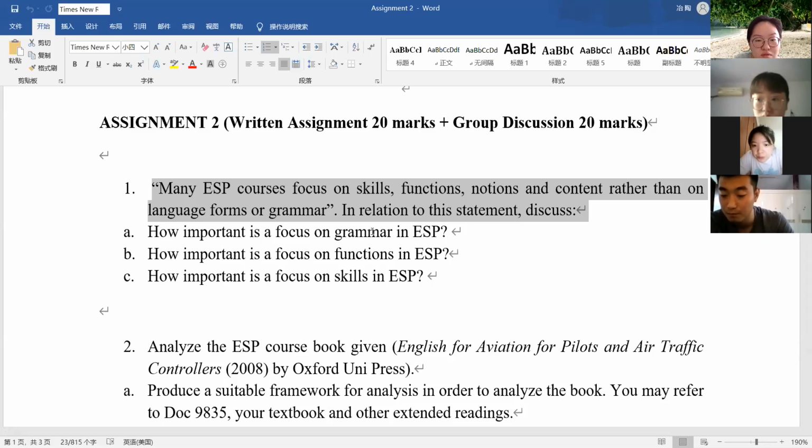In the part I just wrote, I think grammar is very important in ESP. But after we discussed, Taye told me grammar is also important, but not the main part of ESP.